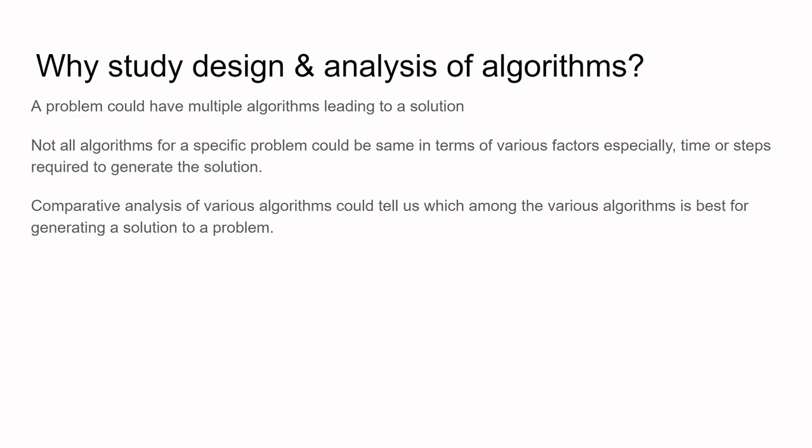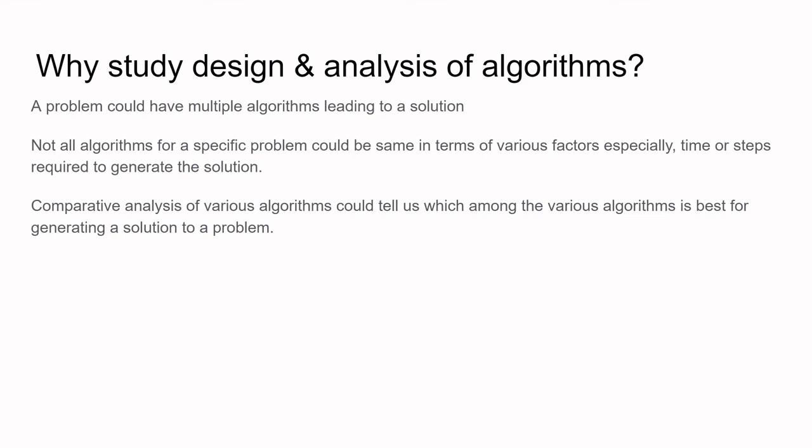And when we say we analyze an algorithm, we analyze it for its efficiency in terms of time taken to generate the solution or other factors. For example, it could be the space occupied by the algorithm to generate the solution, or various other factors.